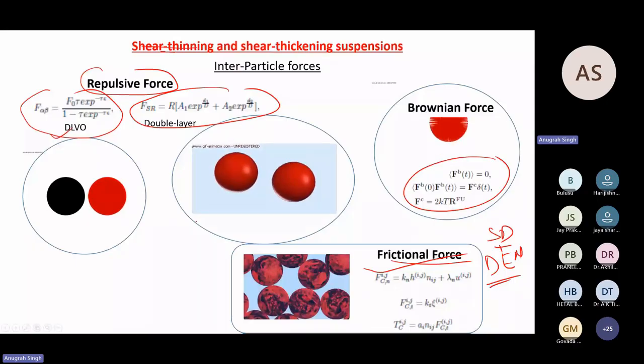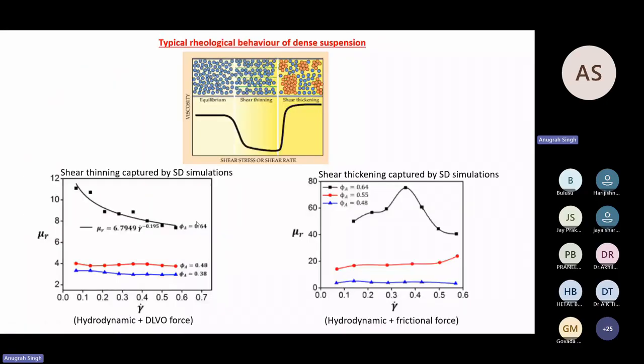With these you can show the typical behavior we showed initially: at low fraction the viscosity is constant for a suspension, but as you go high, and shear also high, then it becomes shear thinning. This is the typical behavior of suspensions.